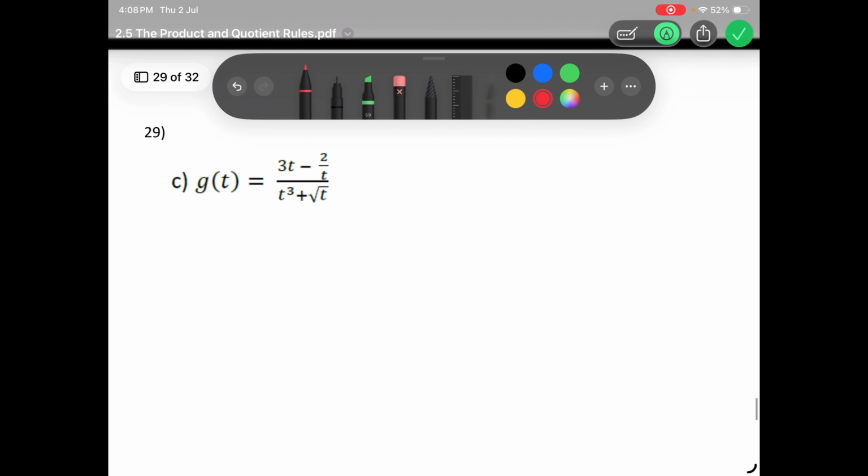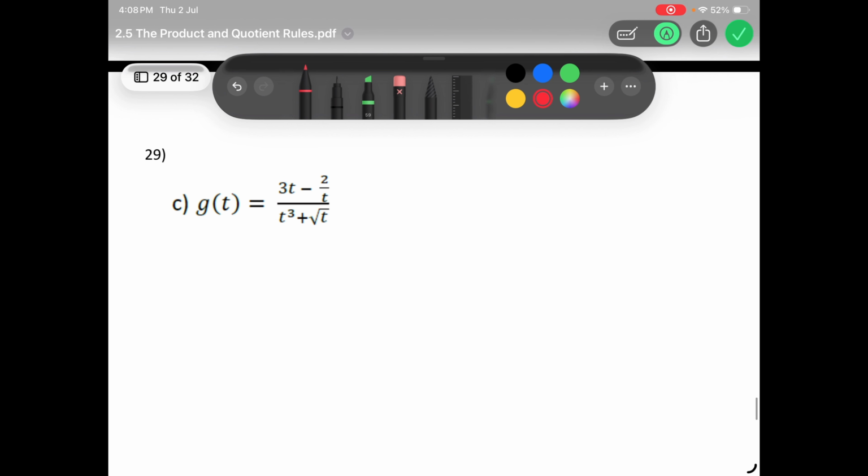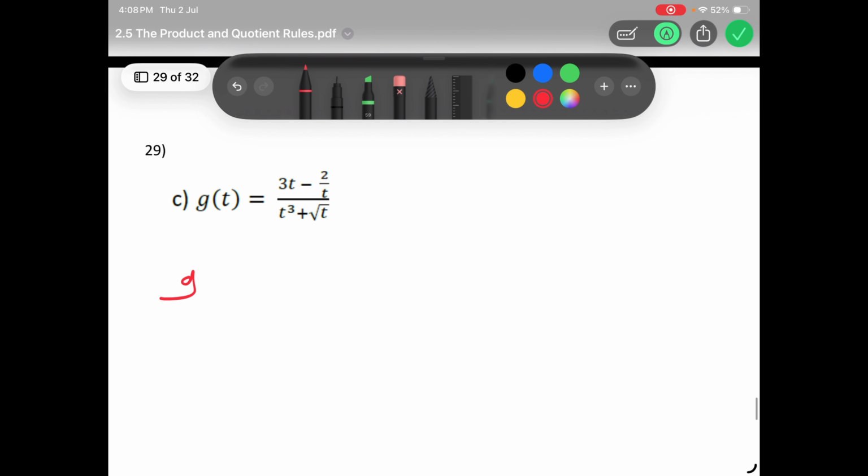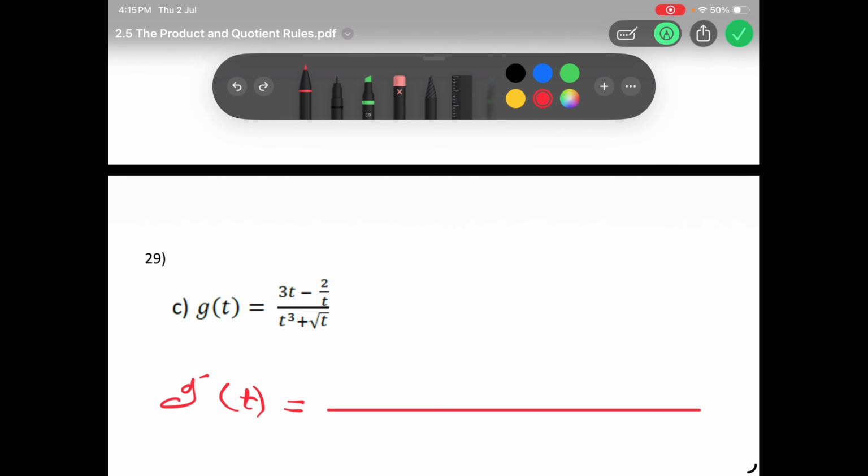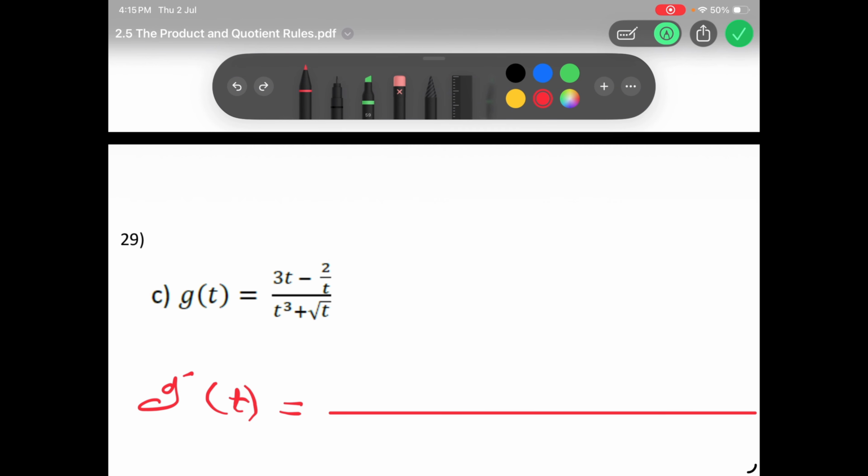Next, here g of t, what we will do, we'll find g prime. Please guys, here I have reciprocal and radical. So what is g prime of t? Quotient rule. So here what I have is 2 over t.